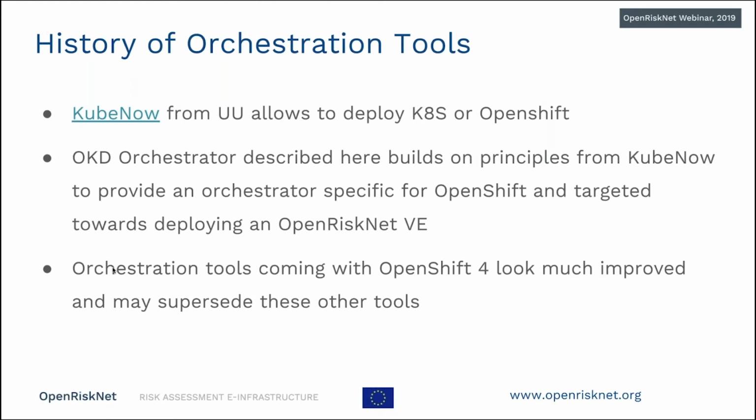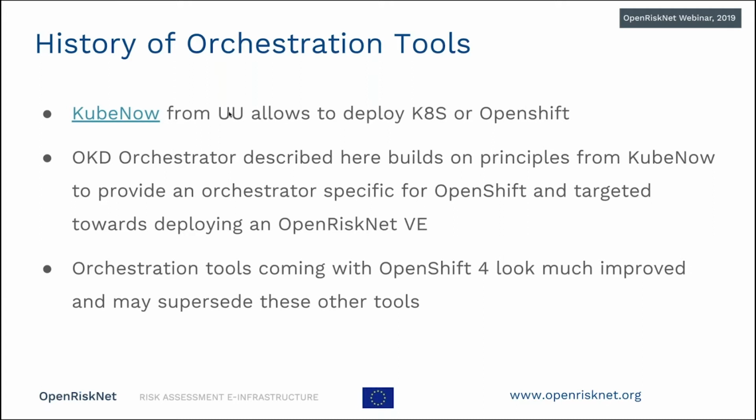So a brief history of how we got to where we are today with the OKD Orchestrator, which we're going to show you. At the beginning of the OpenRiskNet project, University of Uppsala had a tool called KubeNow that was already being used to deploy Kubernetes clusters and was being adapted to deploy OpenShift.